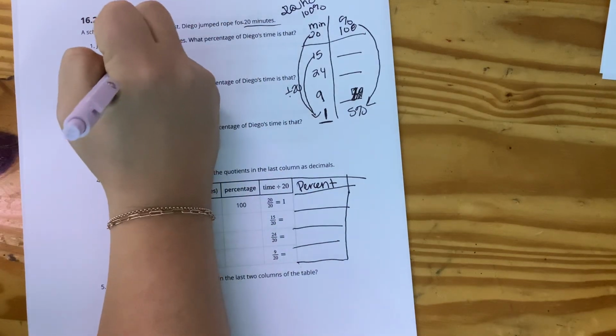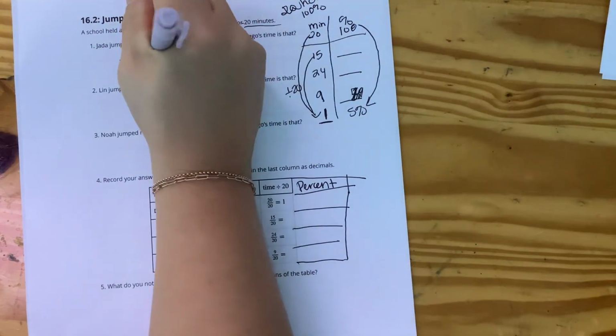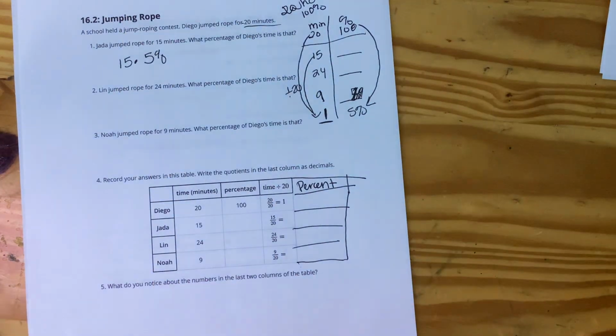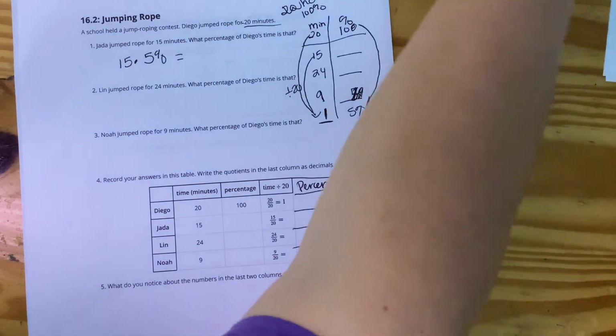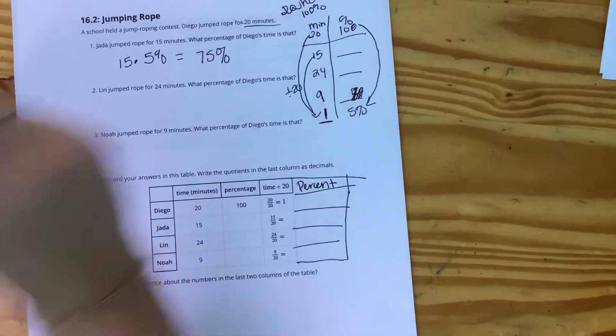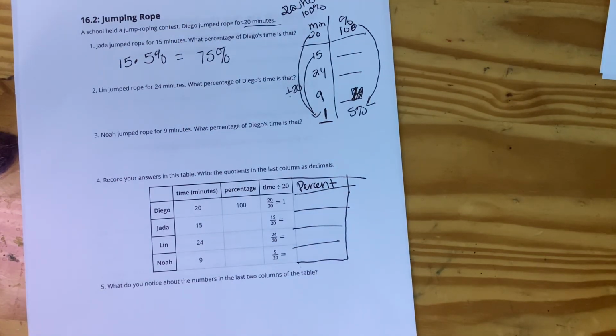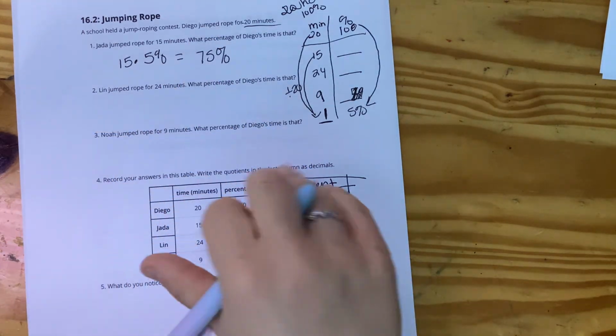Okay? So I have my 15 minutes times each minute is 5%, which would give me 75% total. So she jumped 75% of Diego's jump time.